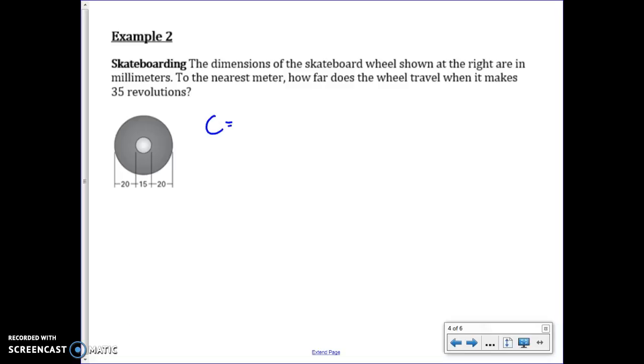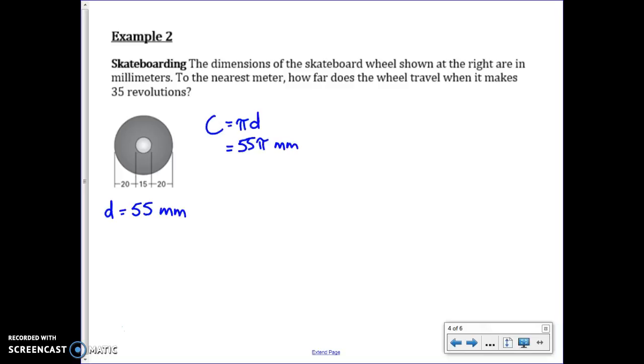What I notice is I have 20, 15, and 20. That would be 55 millimeters, and that would be the diameter, all the way across the circle. So I can do pi times diameter. So 55 pi millimeters would be the circumference.